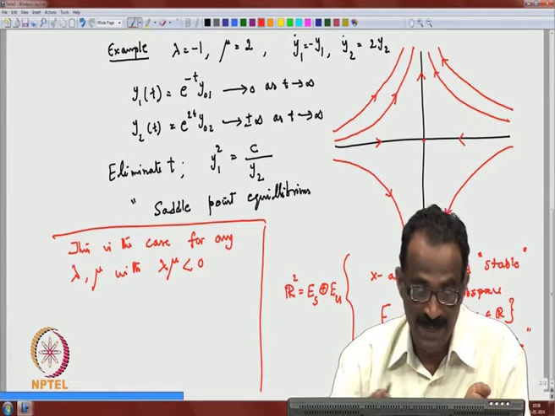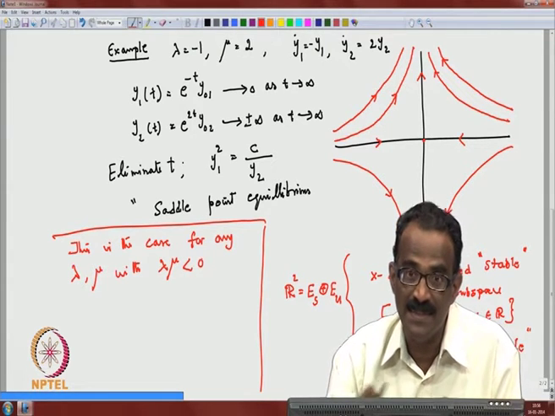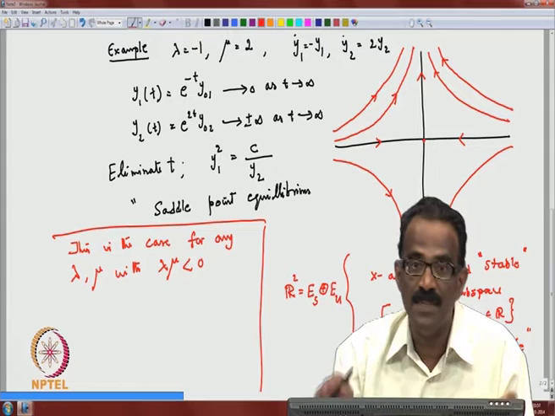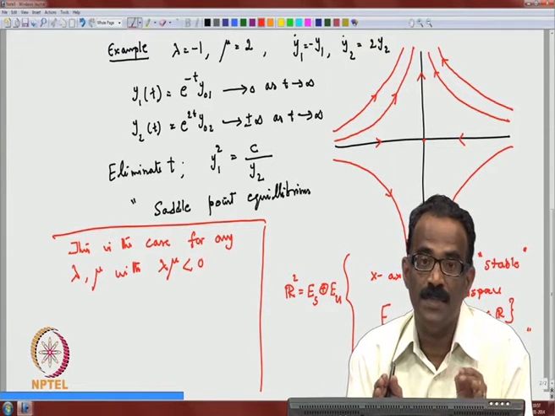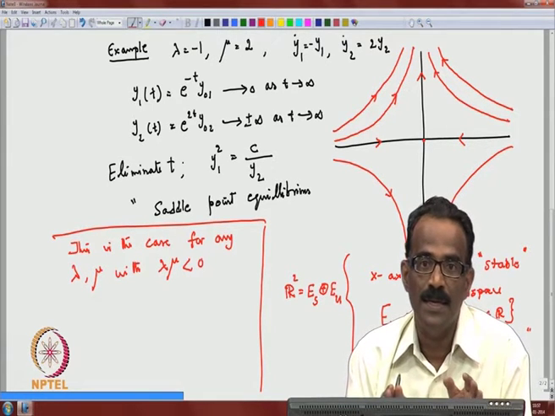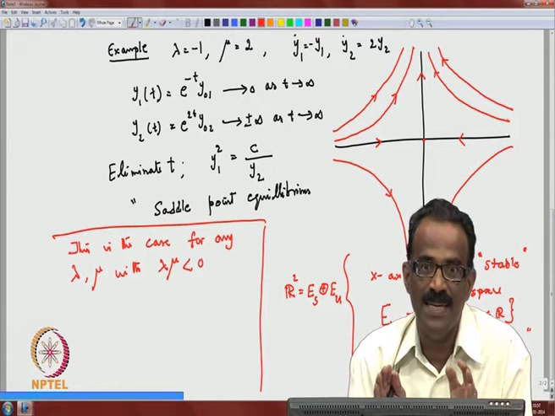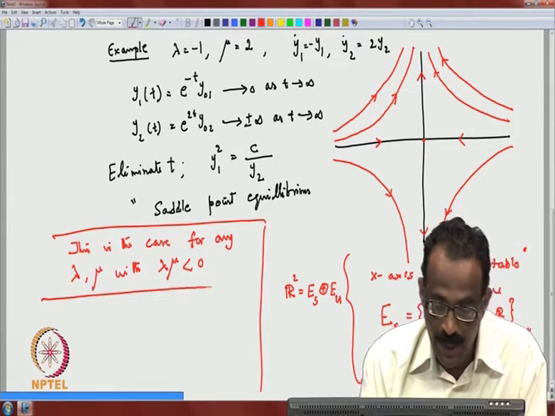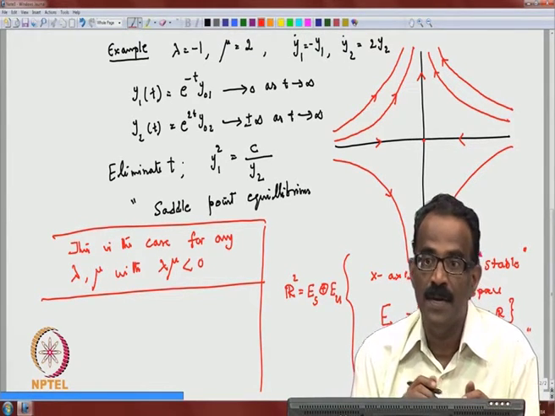So, this gives the case for all type 1 with distinct eigenvalues of opposite sign, and all these equilibrium points with lambda mu negative are called saddle point equilibria. The behavior will be the same as the saddle point equilibrium. And one more point I want to remark here before going to the next case.